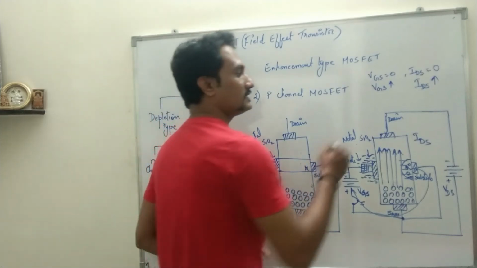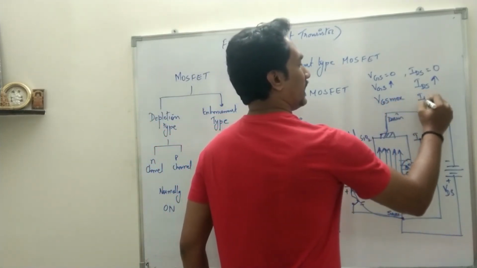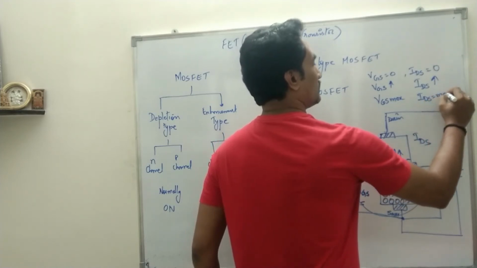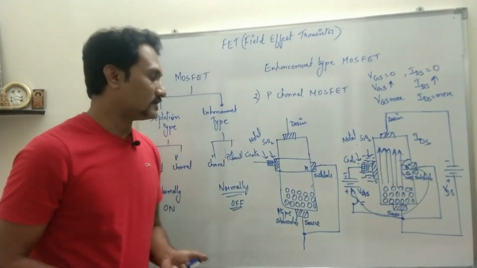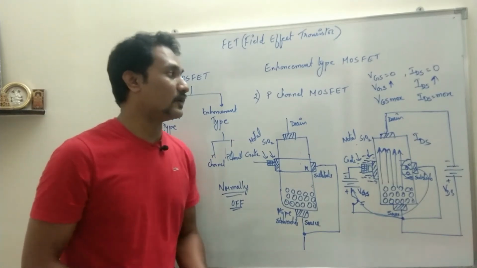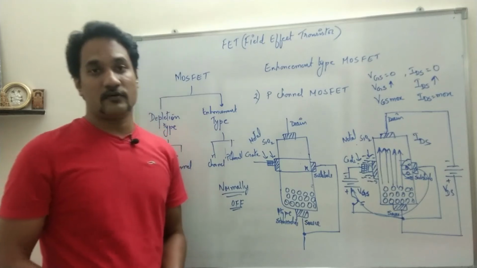So when VGS is maximum, IDS also is maximum. Okay, so this is construction and working of P channel enhancement type MOSFET.